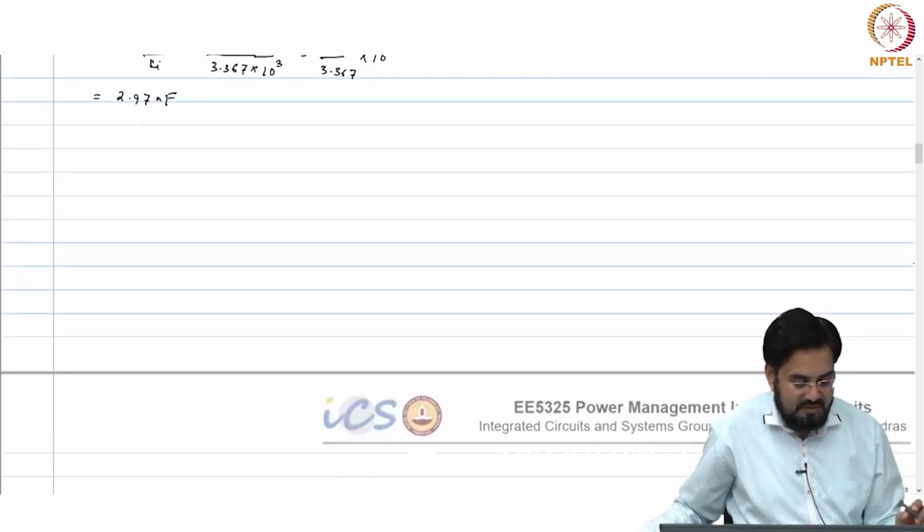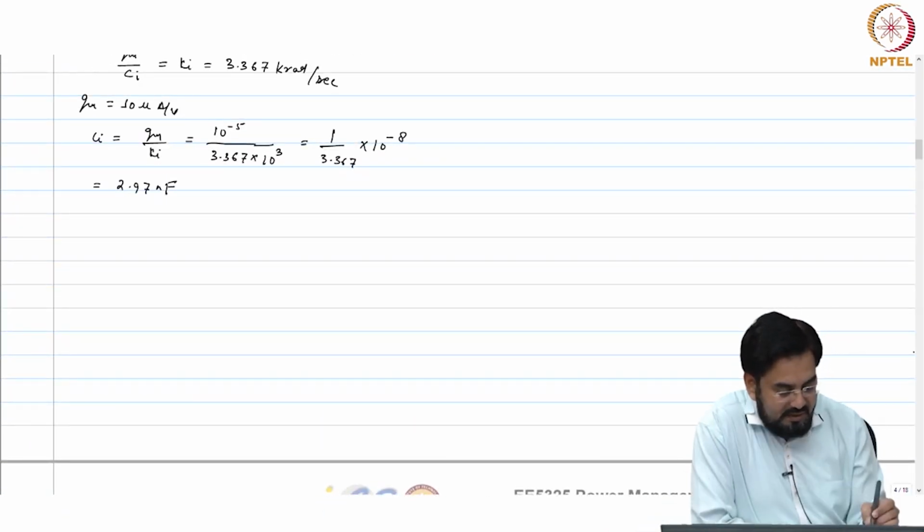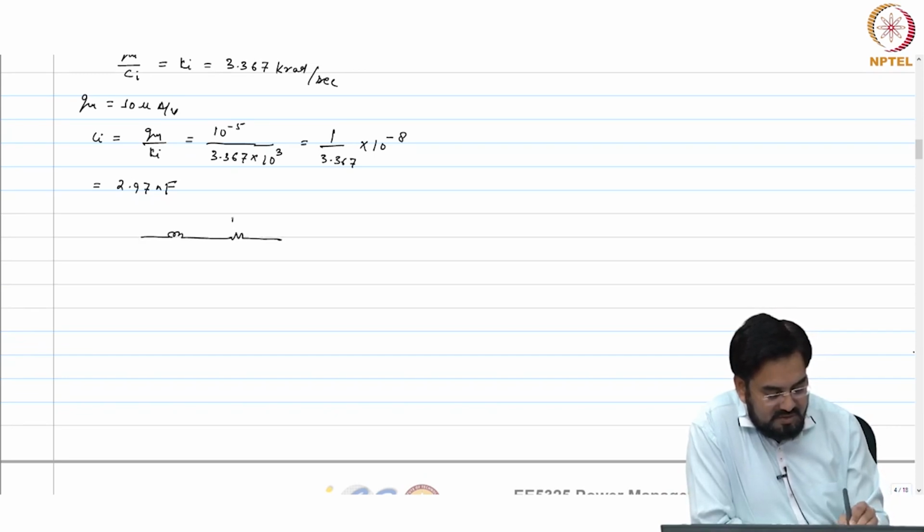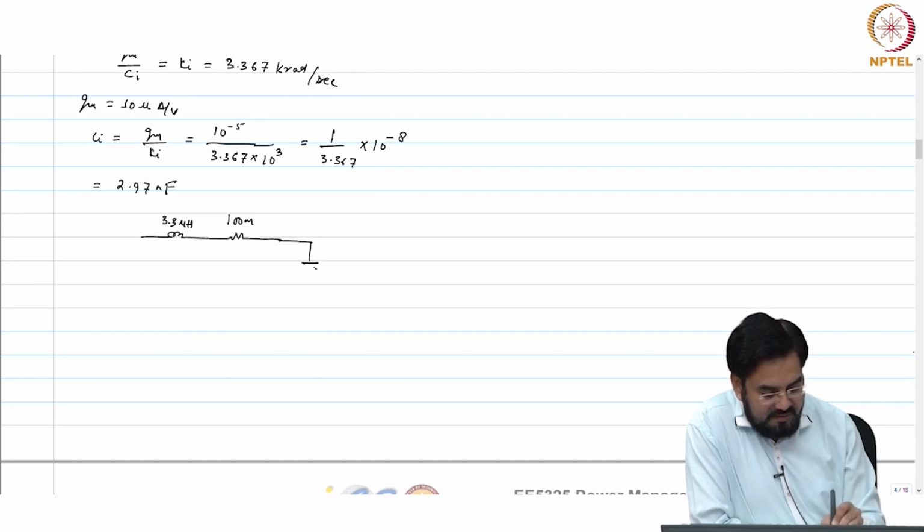So, how will your circuit look like? So, this is your R loss, which is 100 milli. This is 3.3 microhenry. Ten microfarad.